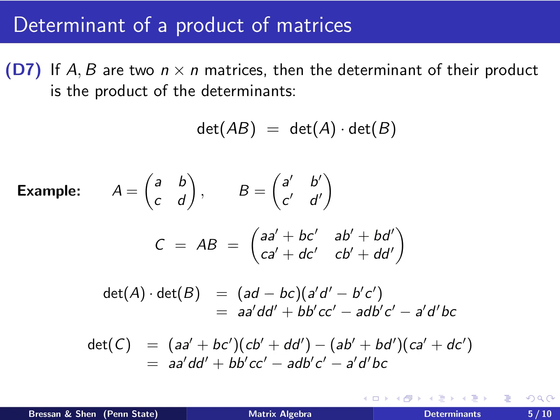One can open this up, you get 4 terms, open this up, you get 4 terms, and some terms will cancel, and in the end you will have 4 terms left. And if you compare it carefully to the previous answer here, determinant A times determinant B, term by term, you will see that they are the same.